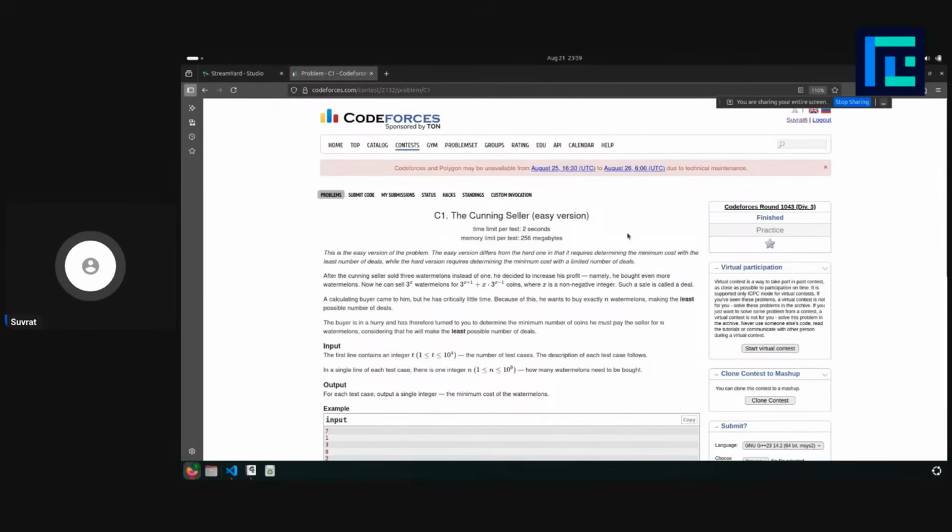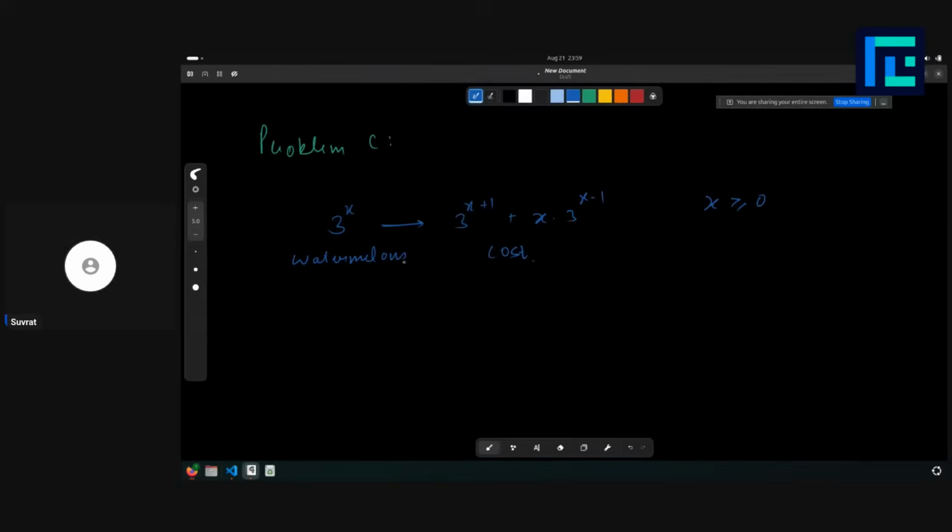Such a sale is called a deal, and a buyer wants to buy n watermelons in the minimum number of deals, and we need to find the cost of doing so.